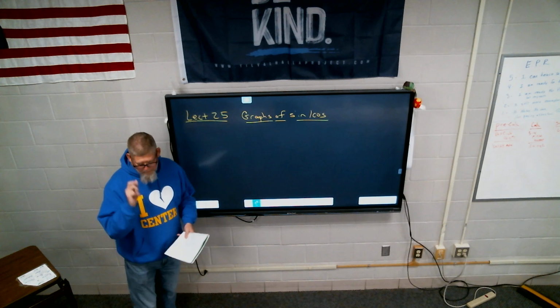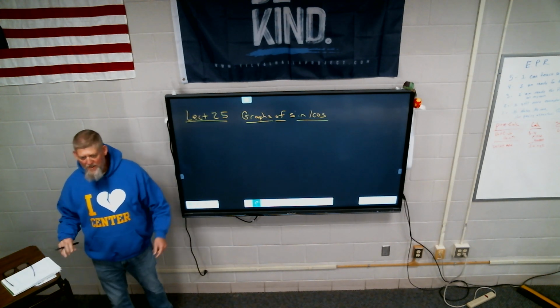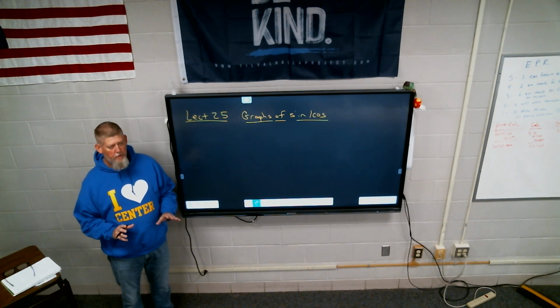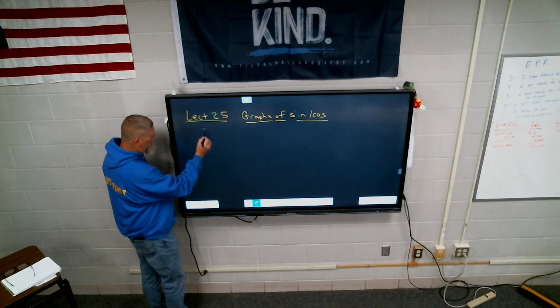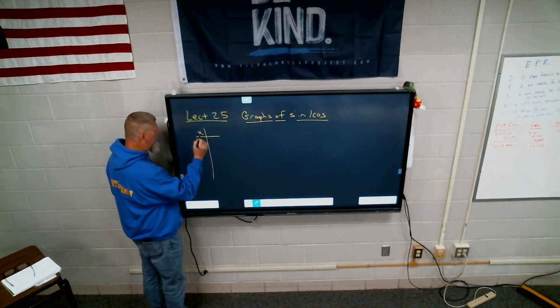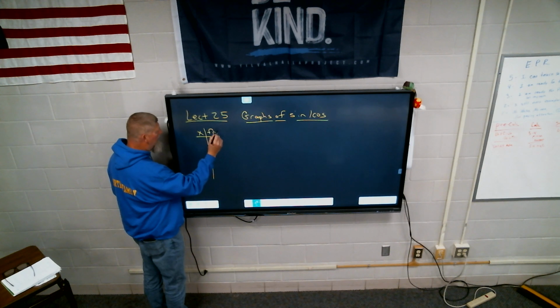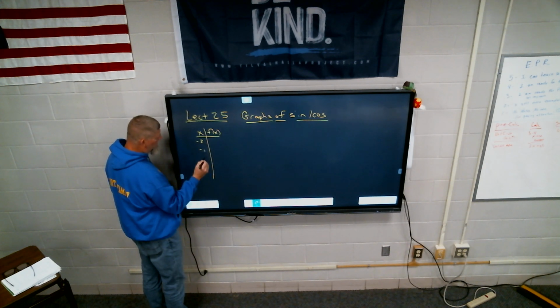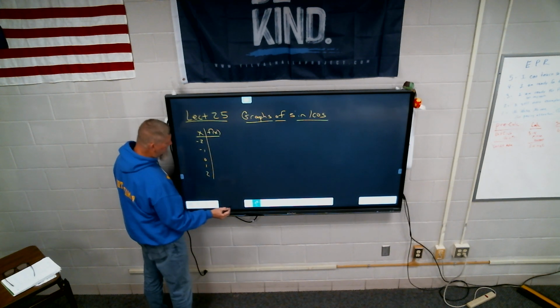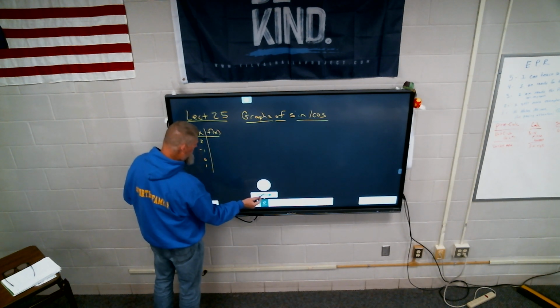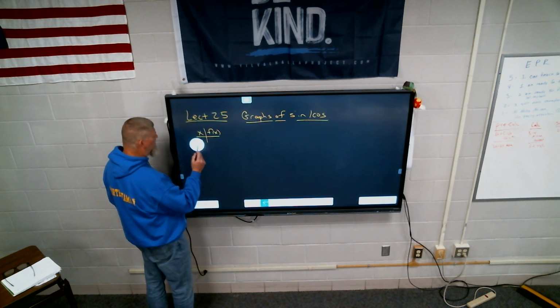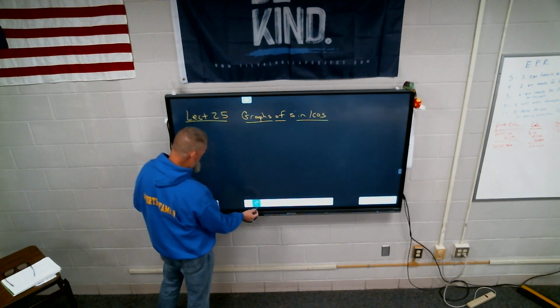If you remember, back when we were in Algebra 2, the very first thing we did when we started graphing things was make a table. I put in x and f of x, and then I used -2, -1, 0, 1, and 2. Well, today we're going to do something very similar, only we're not going to use those numbers. We're going to use some different ones dealing with the unit circle.